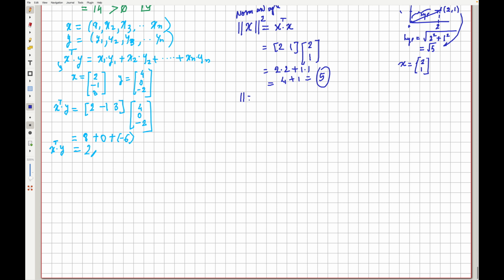And if we take just x without the square, this would be the square root of 5, which is exactly what we talked about earlier.